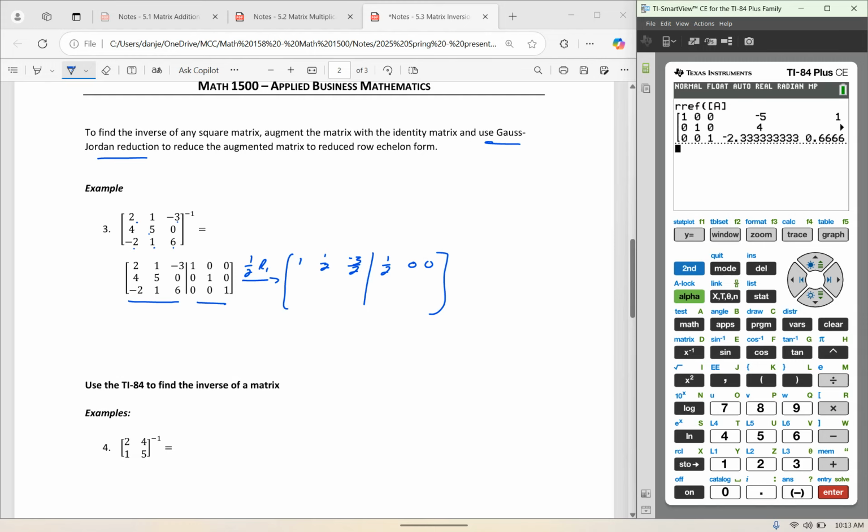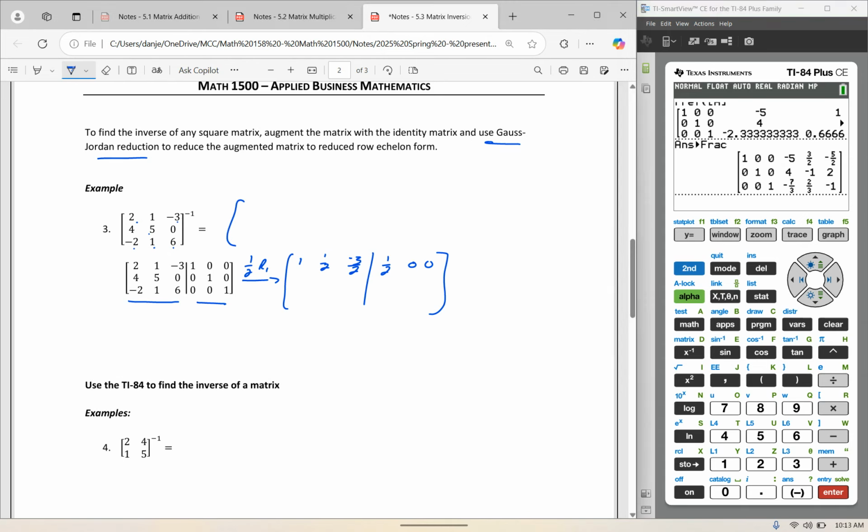We've got decimals, so I'm going to press math, change to a fraction, and you'll notice that the inverse here is -5, 3/2, -5/2, 4, -1, 2, -7/3, 2/3, -1. And that is the inverse.